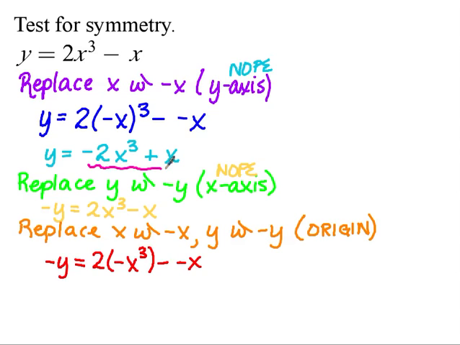The right side simplifies to this. Now if you look at it right now, it doesn't match, per se, but what do you notice about all the signs? They're all opposite, right? So I can change each of those signs by dividing everything by -1, and then now does it match? Yeah. And so actually this does have origin symmetry.